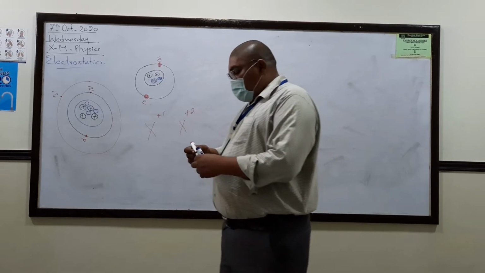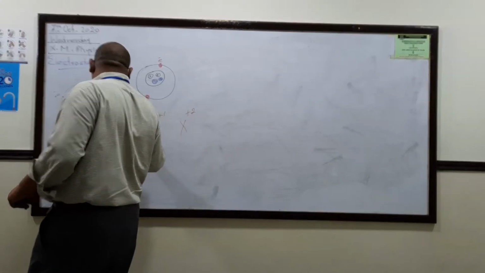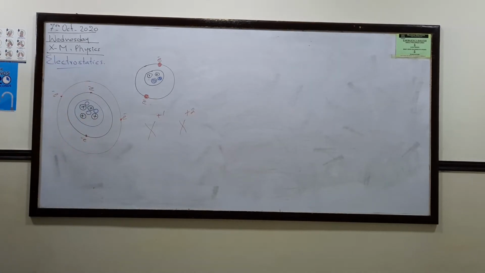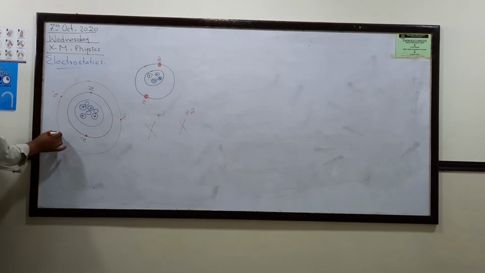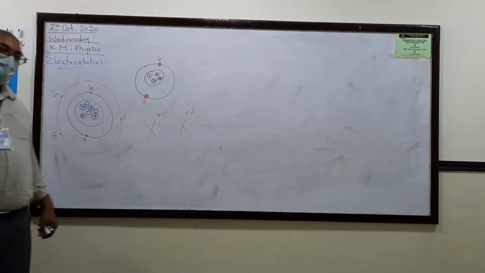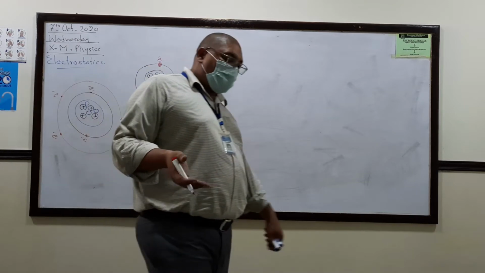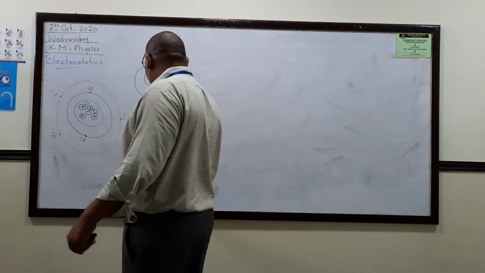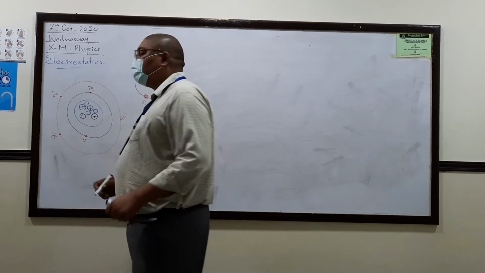Okay? And another thing can happen. For example, this is right now neutral. By some method, you bring another electron into this external orbit. Now you see what happened here. Now there are 5 electrons and just 4 protons. So this will become -1.